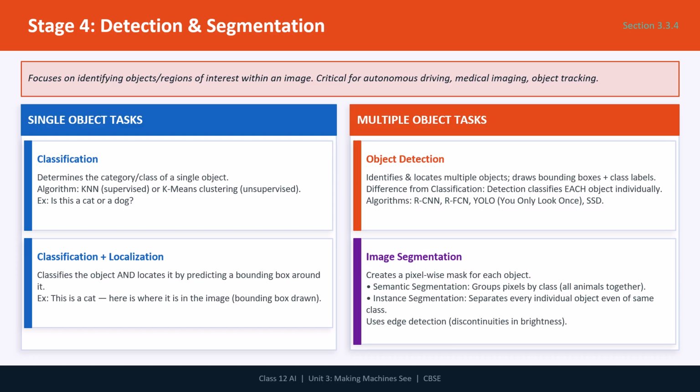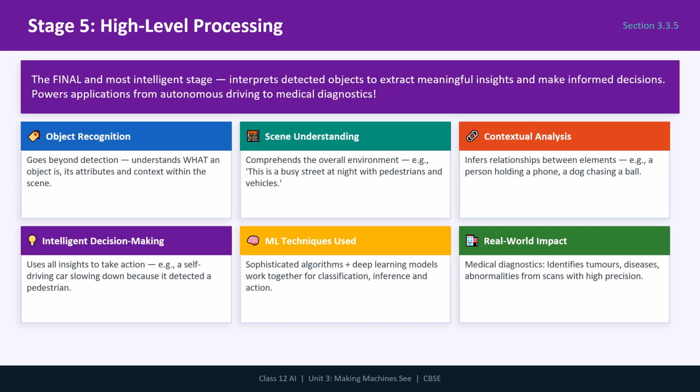Now, a quick memory trick. What is equal to classification. Where is equal to localization. What plus where for many objects is equal to detection, and every pixel is equal to segmentation.